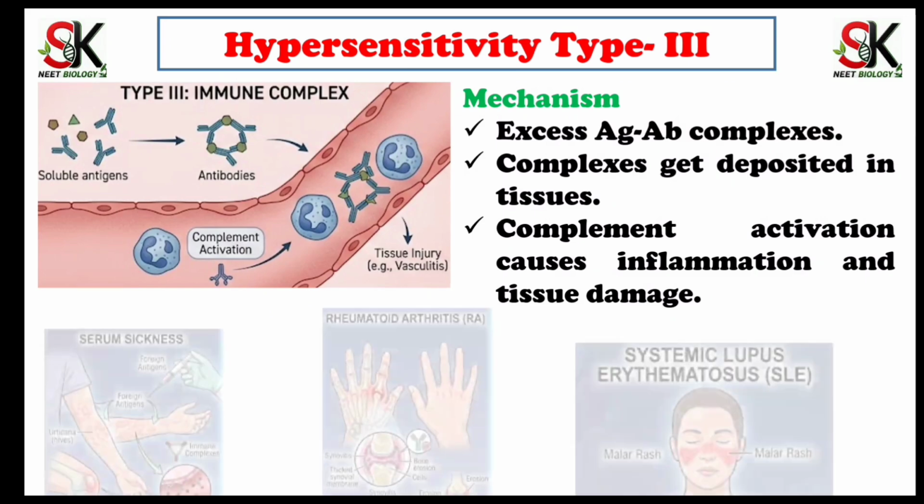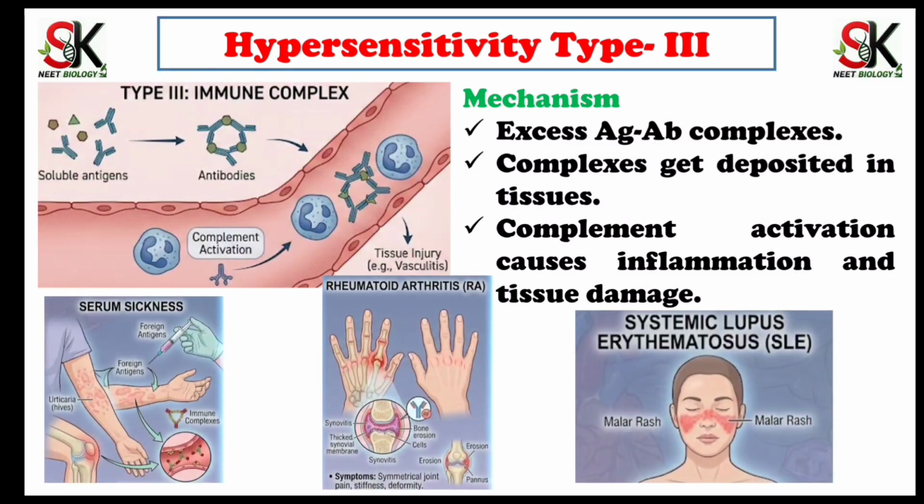These complexes get deposited in tissues, frequently in the small walls of blood vessels, kidney, and joints. Once deposited, they activate the complement system, which recruits inflammatory cells, resulting in localized inflammation and tissue damage.